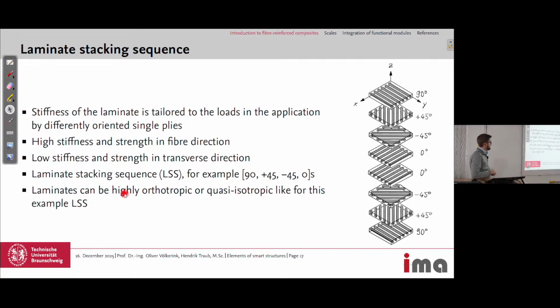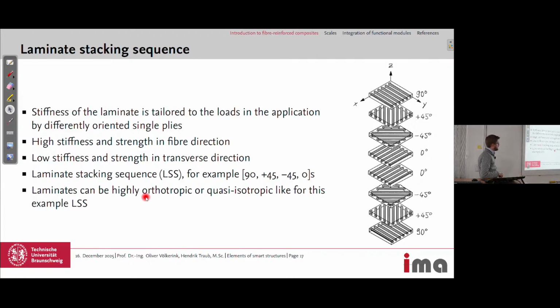An example laminate stacking sequence is 90, plus minus 45, 0, and then the S stands for symmetry. So it's this kind of layup where you have 90, plus 45, minus 45, 0, and then symmetric, 0 again, minus 45, plus 45, 90.